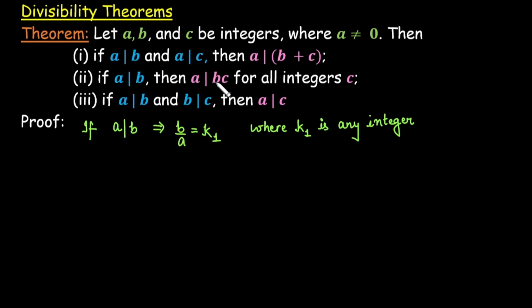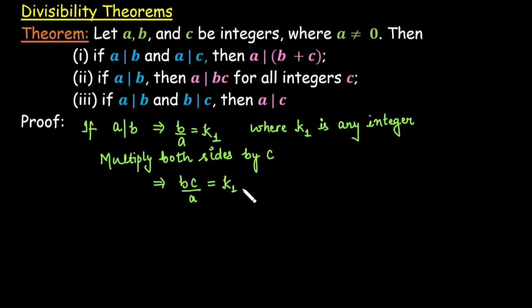Now we need to show B into C, so multiply both sides by C. So we have B into C by A equal to K1 into C, where C is any integer.